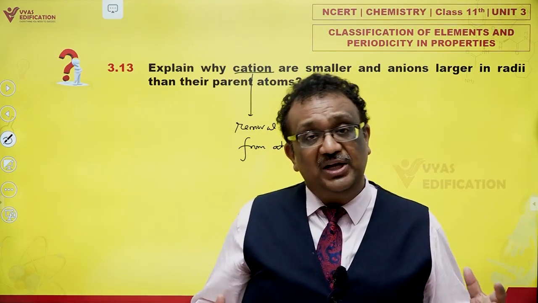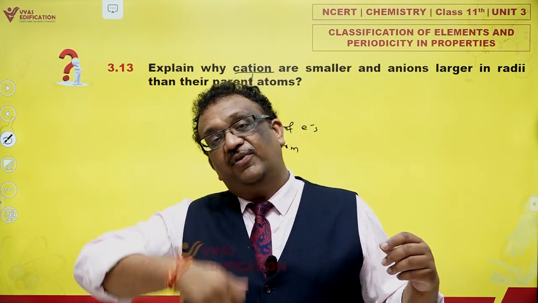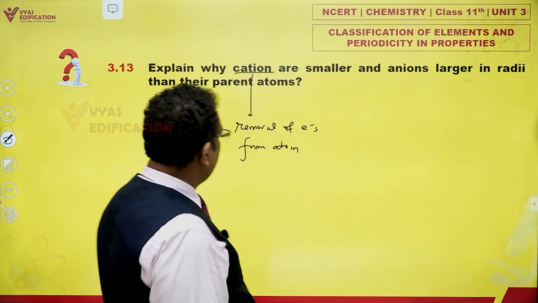A more accurate way of saying it is that the nucleus is attracting with the same attraction, but because of the removal of electrons, the repulsion between the electrons decreases. Once they were repelling each other, they were keeping the atom big. Once one of them goes out, repulsion decreases. The nucleus is anyway attracting them. They are sucked in, and that is why the radius decreases. That is the correct explanation.